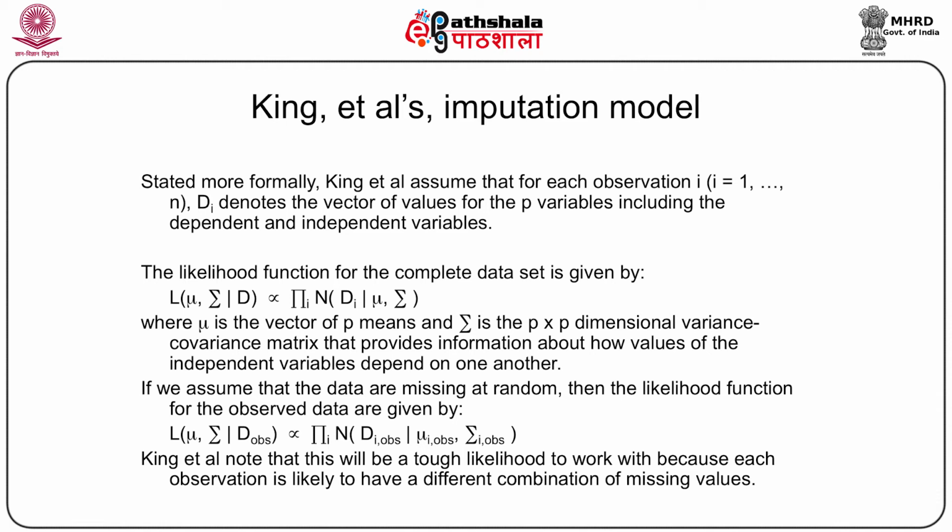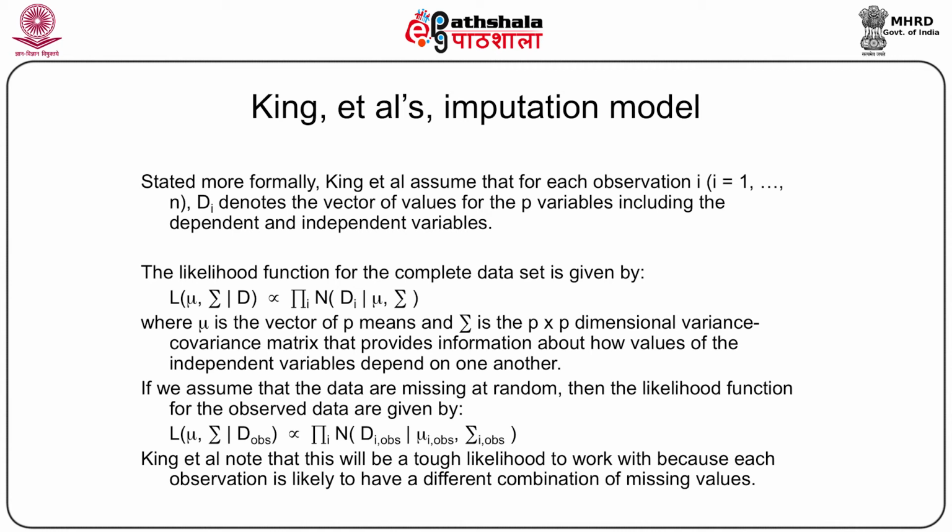Stated more formally, King and others assume that for each observation i from 1 to n, d sub i denotes the vector of values for the p variables, including the dependent and independent variables. The likelihood function for the complete data set can be easily expressed as a product of the individual densities.